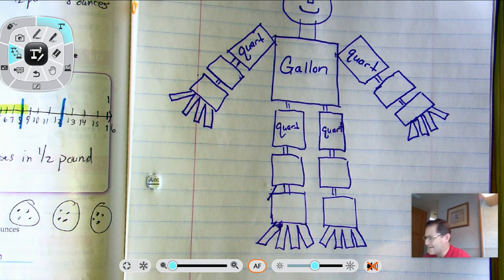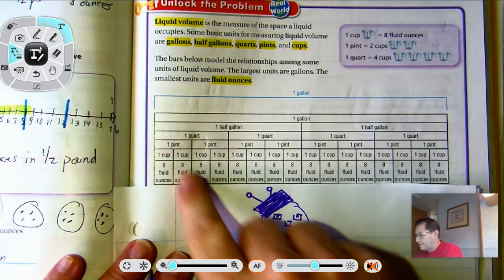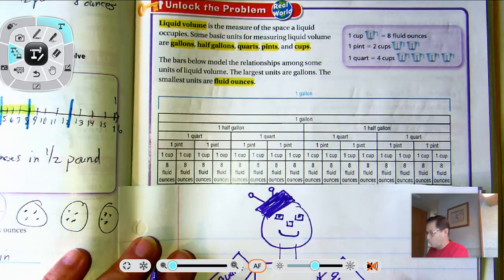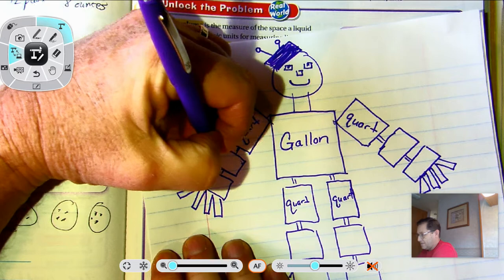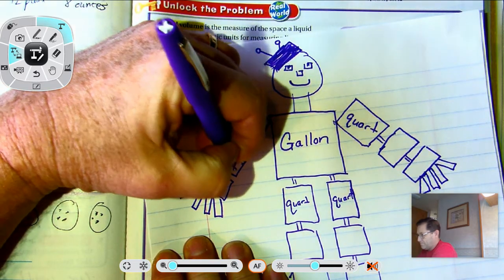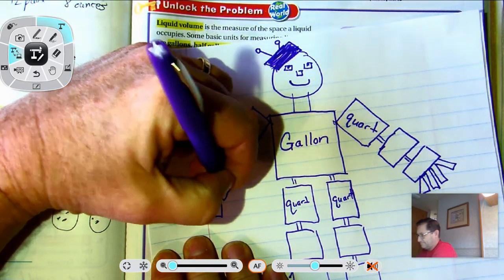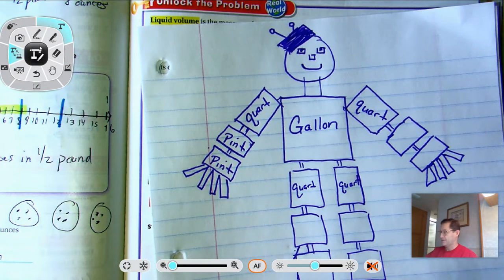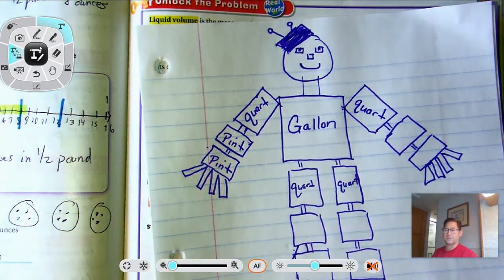Now, how many pints were in a quart? Well, according to the table, there are 2 pints in every quart. So next, let's write in pint. Okay, so 2 pints in every quart.